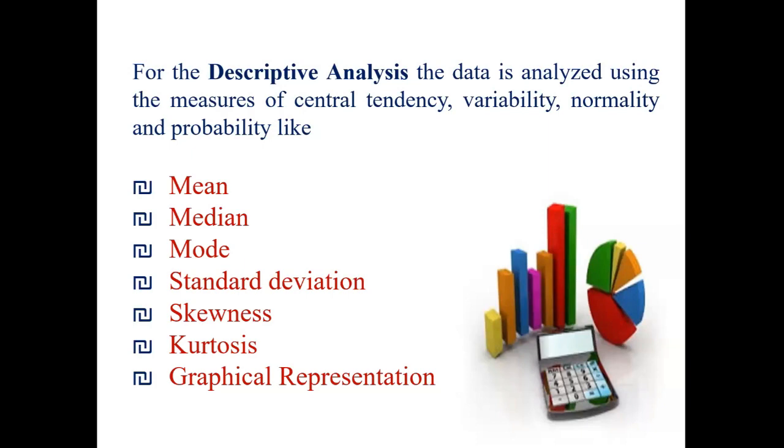Descriptive and inferential analysis are two parts of analyzing any kind of thesis, any kind of research, any kind of data. The central tendency measures are mean, median, mode. Variability might be standard deviation. Normality is skewness, kurtosis, and probability, like various graphical presentations, we put normal probability curves, and if the data is skewed.